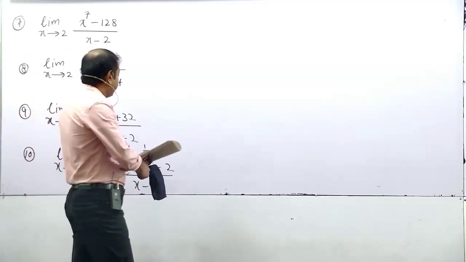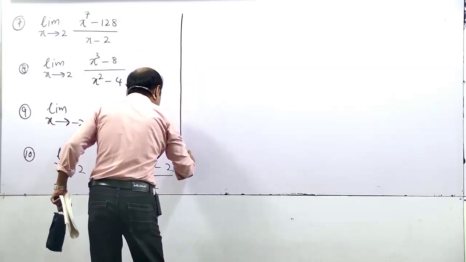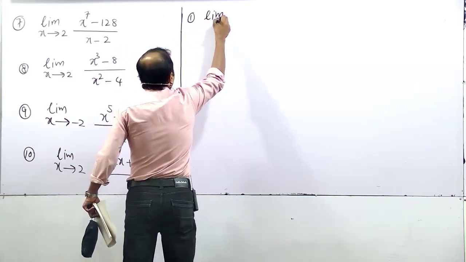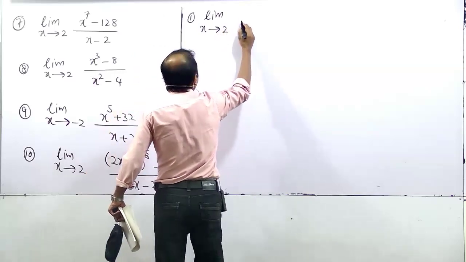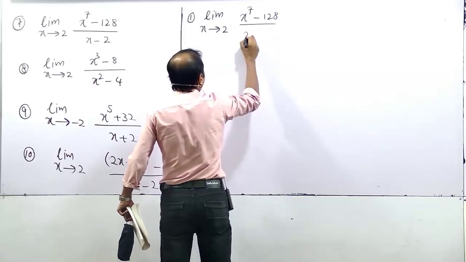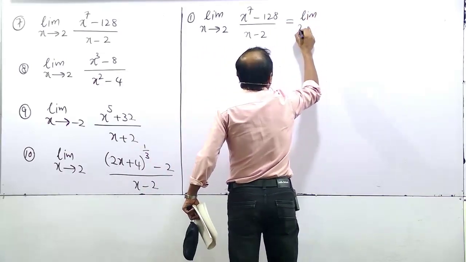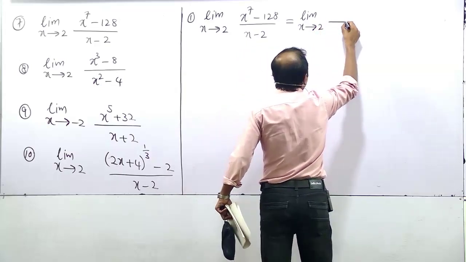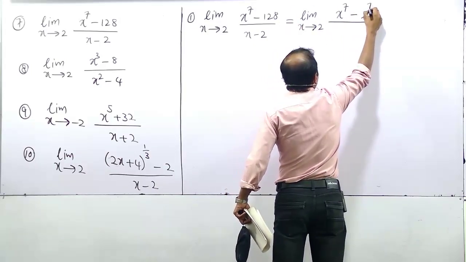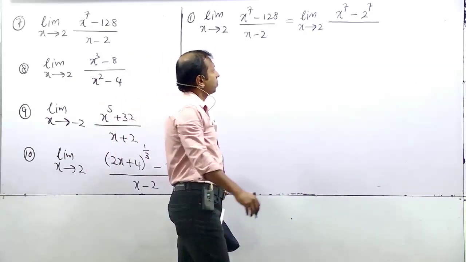Yes, first one now. x to the power 7 minus 128 over x minus 2. I write this like this: limit x approaches 2 of x to the power 7 minus 128, and 128 you can write as 2 to the power 7, no? 2 to the power 7 is 128, divided by x minus 2.